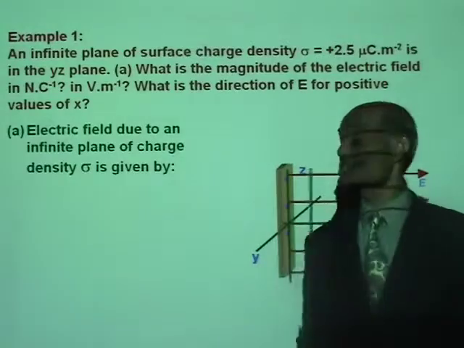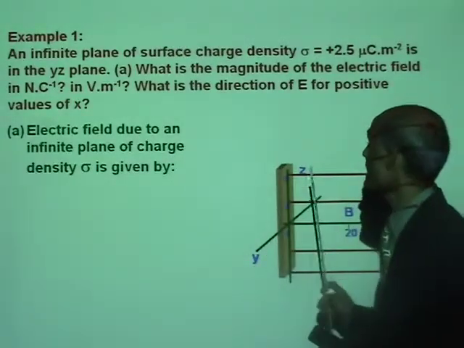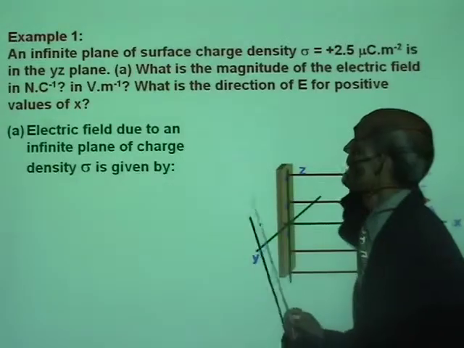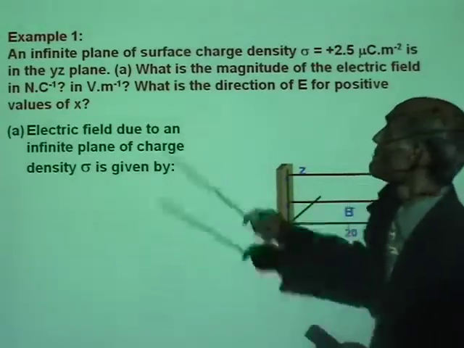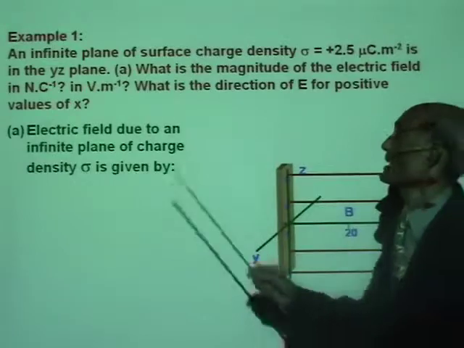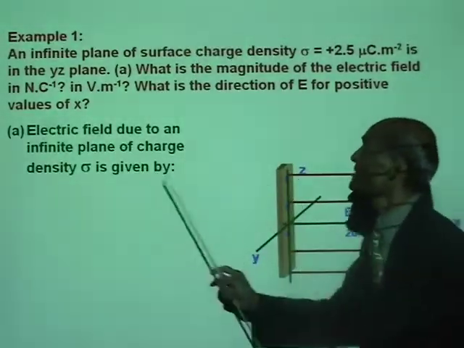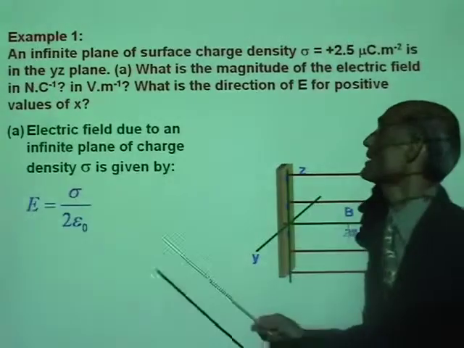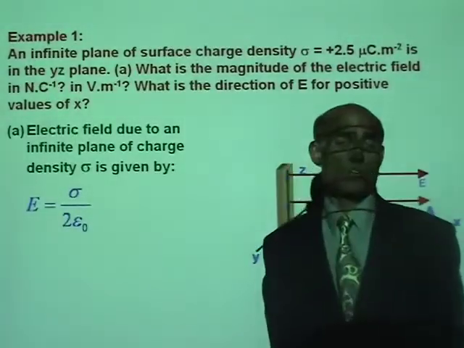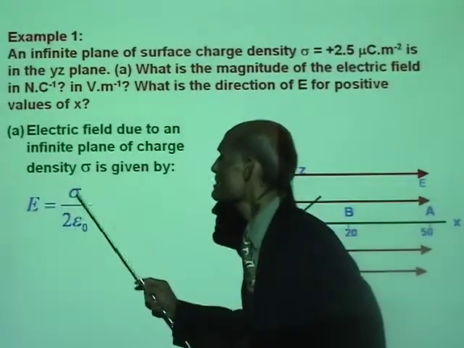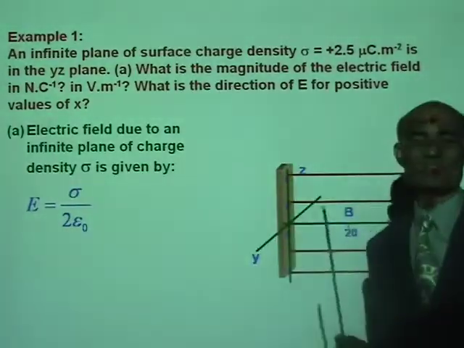Anybody remembers the expression? We obtained that equation about 2 classes ago: E equal to sigma divided by 2 epsilon naught.